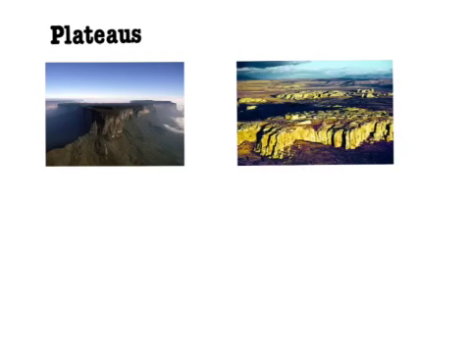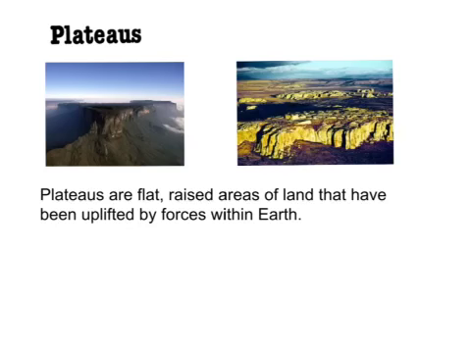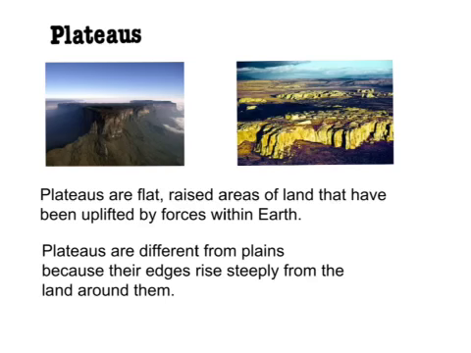But of course the difference is that they're flat lands which are separated from the surrounding land by steep cliffs, as you can see on this one here, and here the steep cliffs separating the plateau from the surrounding land. So plateaus are flat, raised areas of land that have been uplifted. And they're different from plains because their edges rise steeply from the land around them.